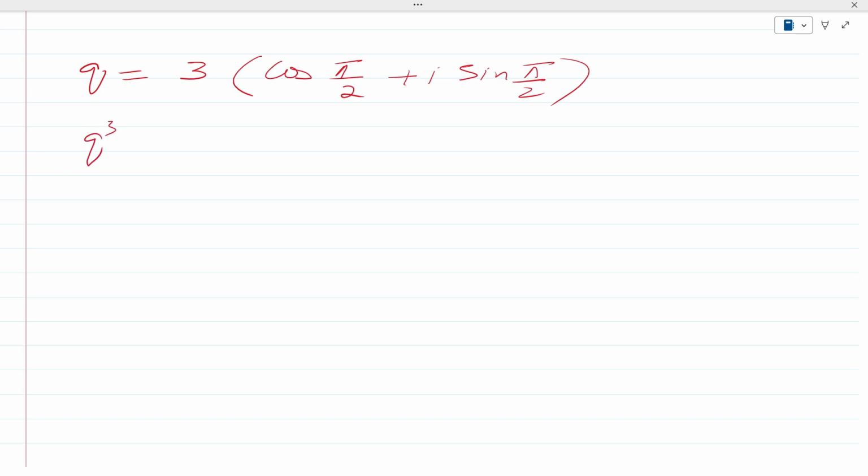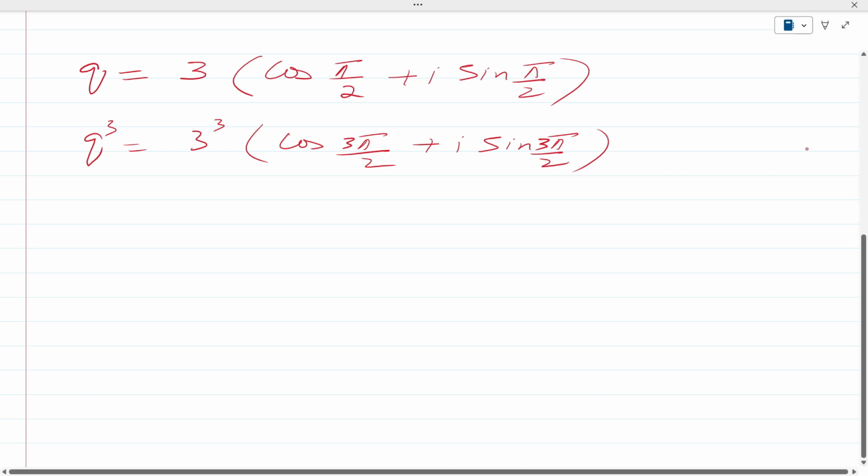Q is to power 3, which means the cube of 3 and cos 3 pi over 2. The power is multiplied with the given argument using De Moivre's theorem. Again, this angle is greater than pi, so you will subtract 2 pi from it. Whatsoever the answer, that would be your argument.